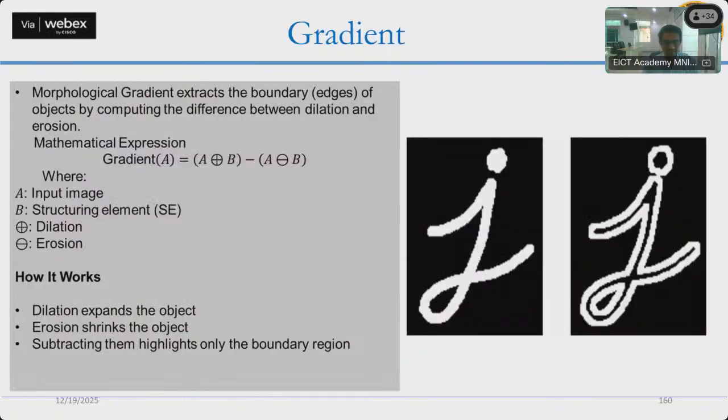Any question? I think gradient. In gradient, what we are doing is computing the difference between dilation and erosion. Which one is the dilation here?